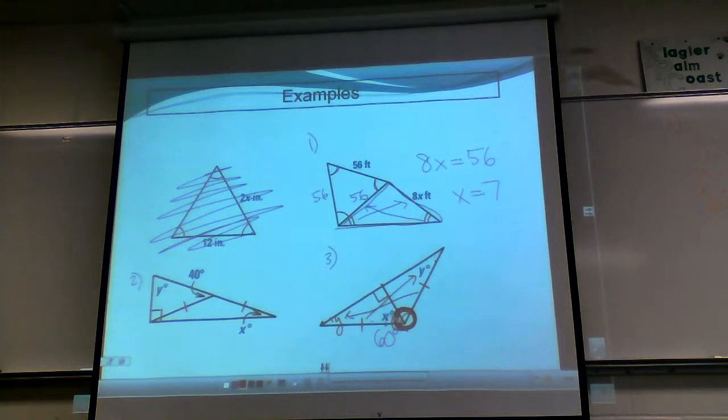What do you think the measure of this entire angle is? 120, because that's 60, that's 60. So 2y plus 120 equals 180, 2y equals 60.